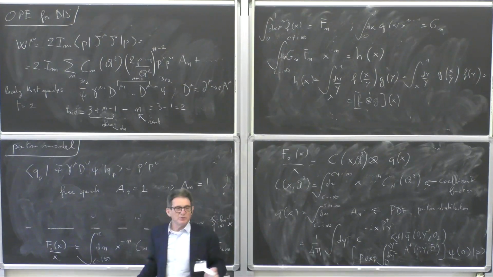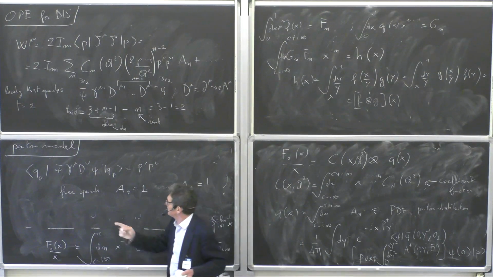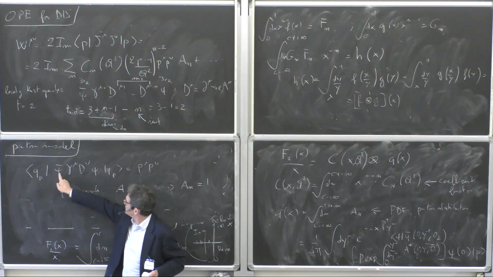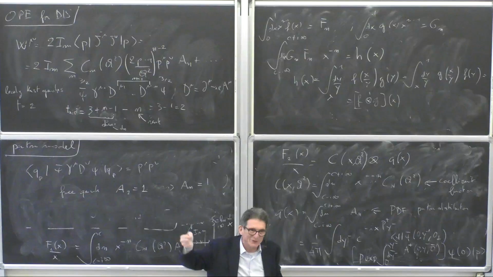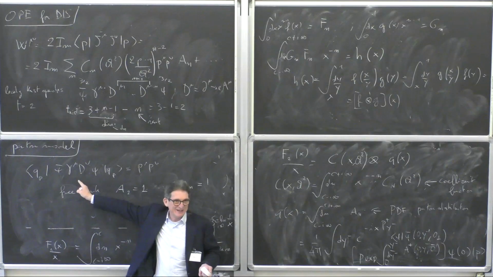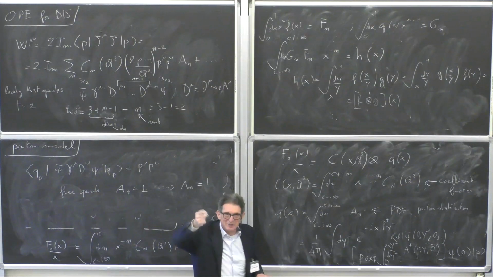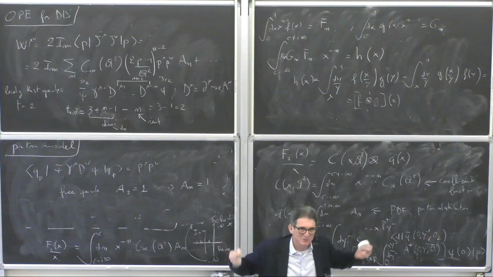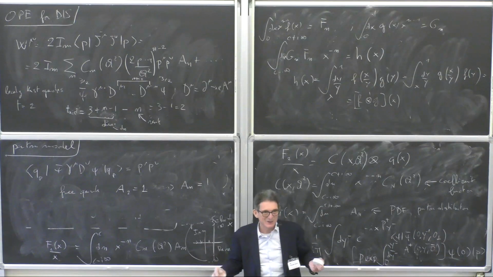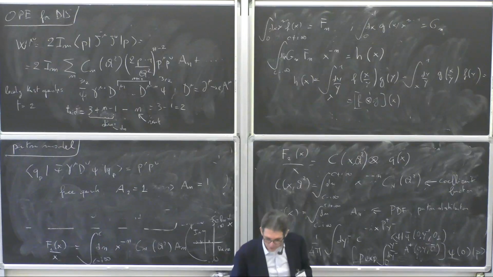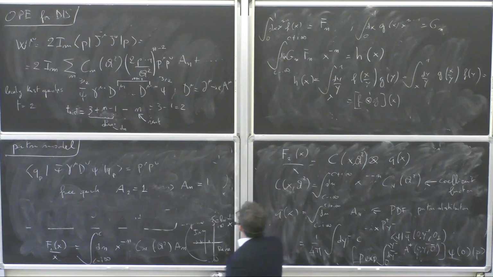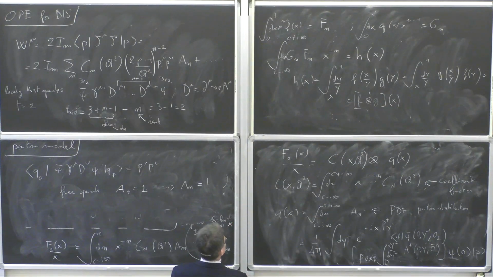If you're wondering how this happens, in a free quark state, psi bar and psi are just free Dirac spinors, u bar u, and then you just use the Dirac equation, right? And d mu is like p slash, and then you just get p nu. So you just use the Dirac equation for a free fermion field, and then you find that all ANs are equal to 1.